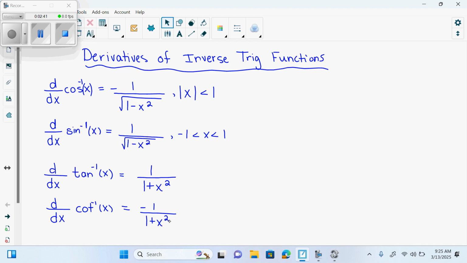So d over dx of secant neg 1 x equals 1 over x times the square root of x squared minus 1, with the absolute value of x greater than 1. And cosecant is, what do you think? Negative.